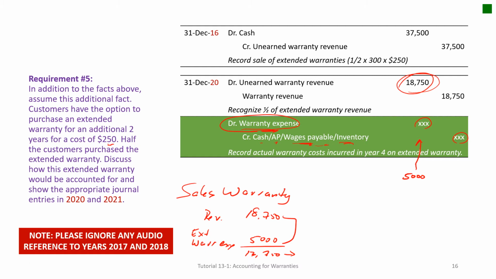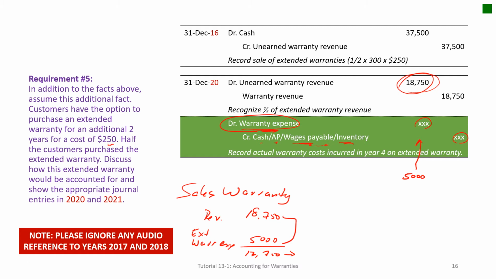When we get into the extended warranty period, whatever portion of the sales warranty can be recognized in that year will be recorded, and so we'll have, let's say, a revenue of $18,750, and let's say for example that we incurred $5,000 to service the extended warranty.